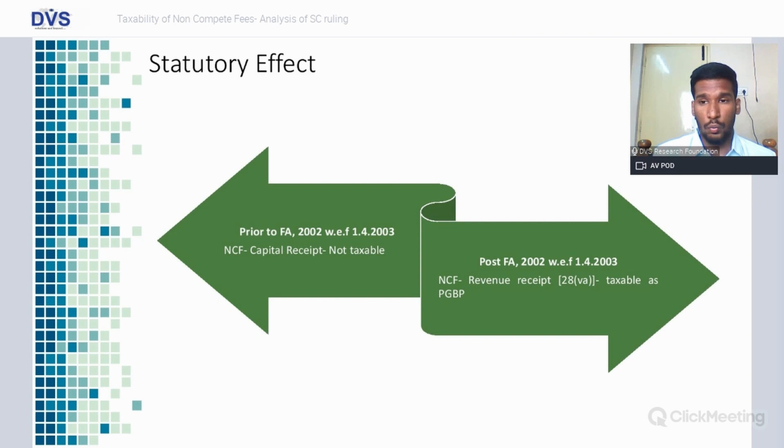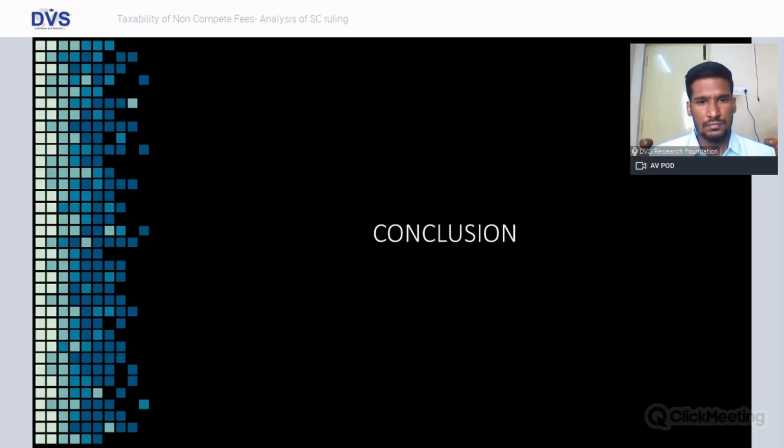So as I said, when the Act specifically provides that a capital receipt is taxable, then it should be taxable. Otherwise, generally, it's exempt in nature. So before Finance Act 2002, it was a capital receipt, so it wasn't taxable. But post Finance Act 2002, it's a revenue receipt and is taxable under the head PGPP.